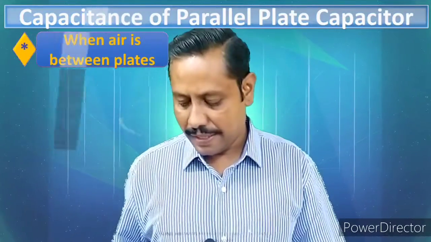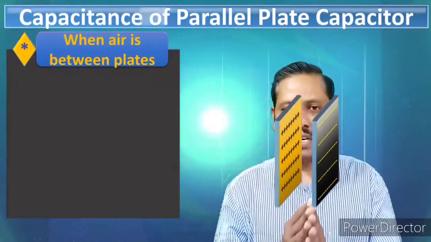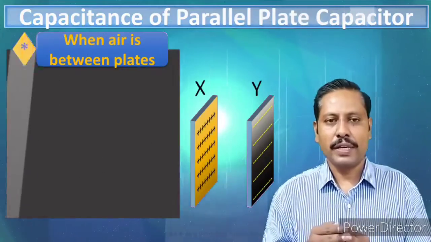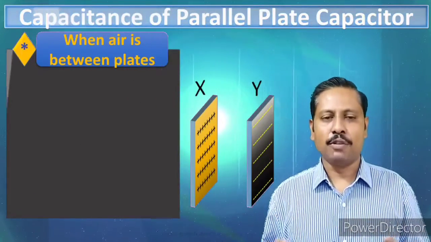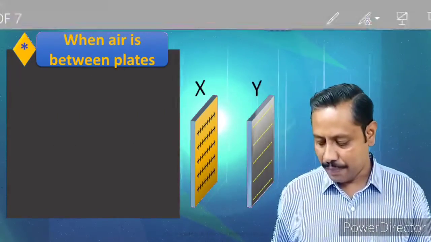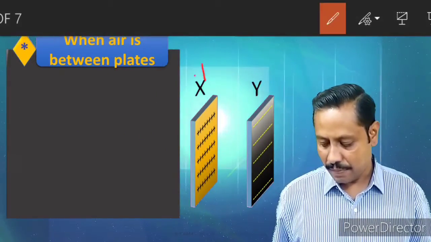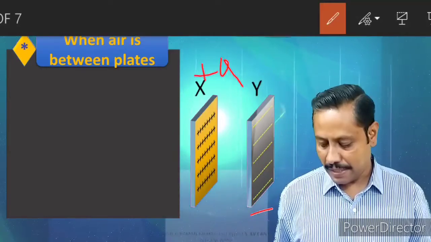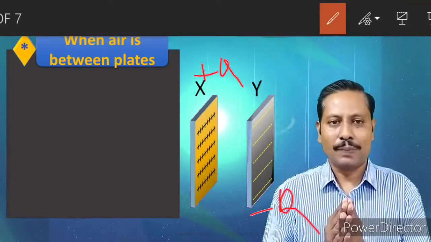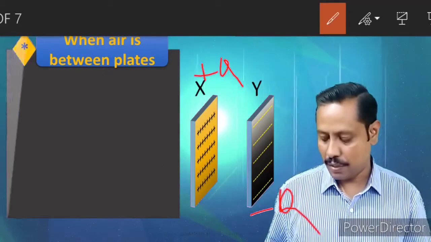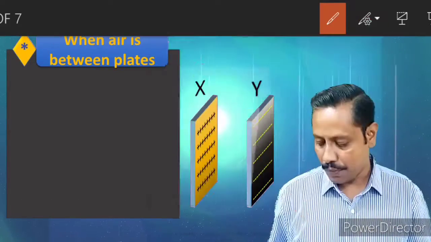Let us say that we have two plates like this. Let us say one of them is positively charged and the other is negatively charged. So I can simply say this is the plus Q plate and this plate acts as the minus Q plate. These are the charges on the two plates.